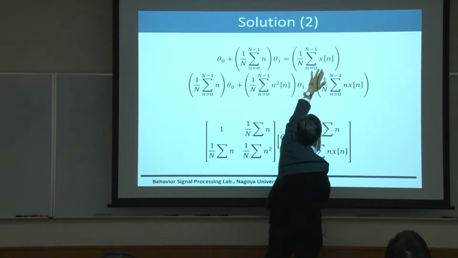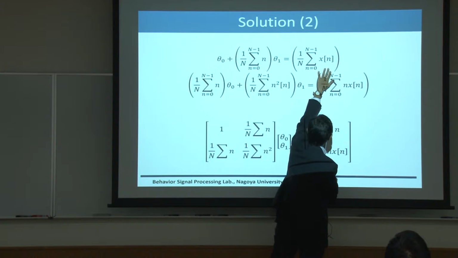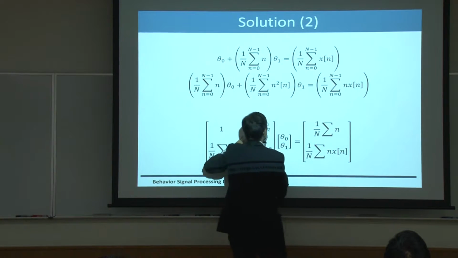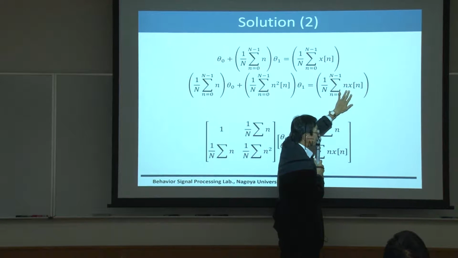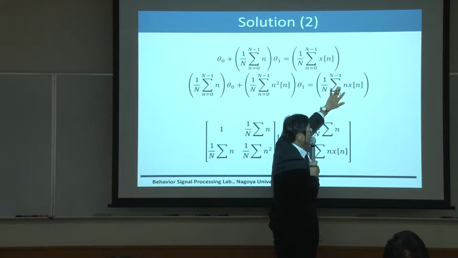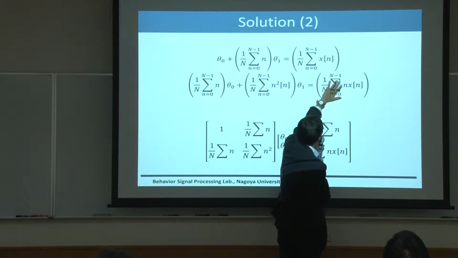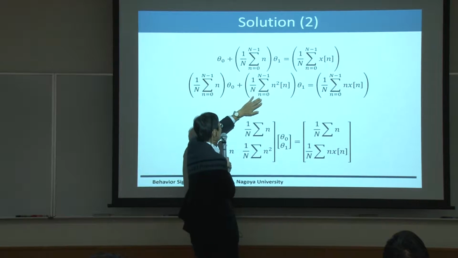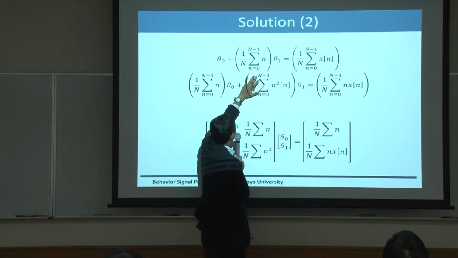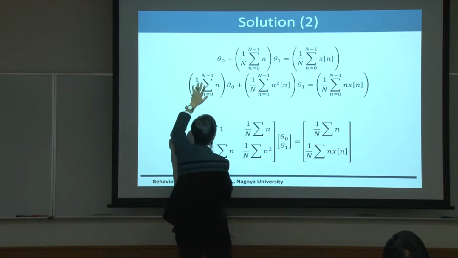And here's the average of x n. And also, this is the average of n times x. This is a very important term, a cross term of two variables. And this is a quadratic sum of the index. And this is the same thing.